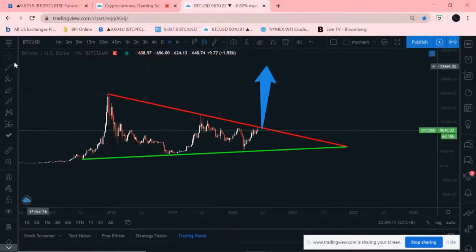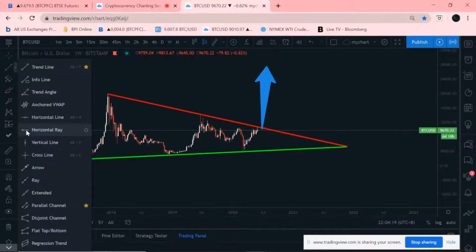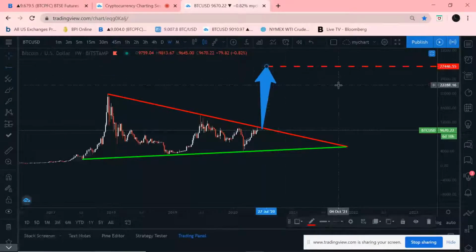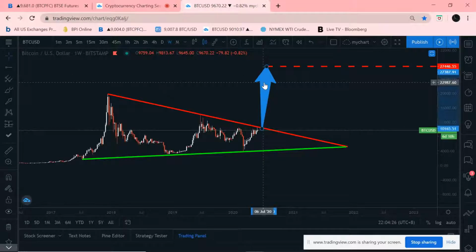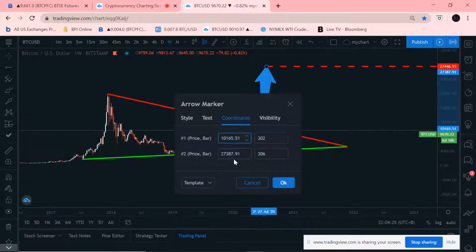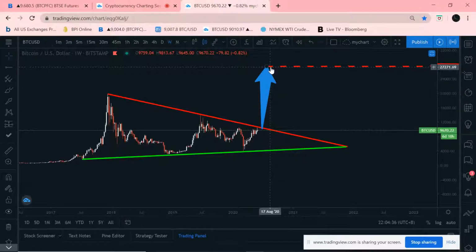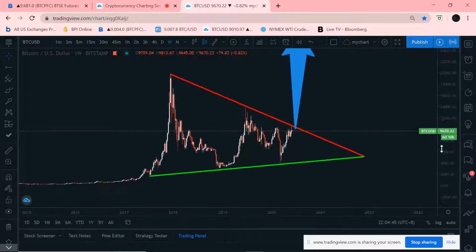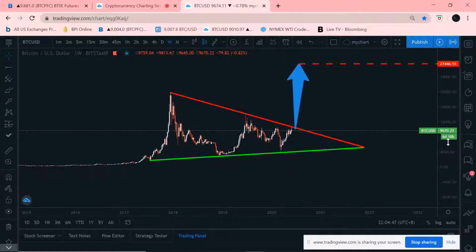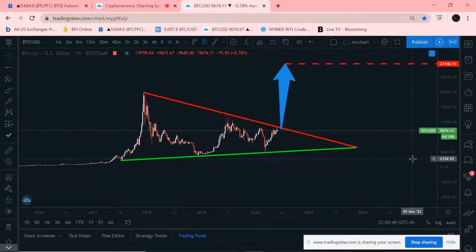So that's actually a long-term target of around 27,446, or let's check the coordinates, 27,387.91. So that's the possible target if it breaks at this level, around 10,400, a solid breakout, not a wick or shadow.